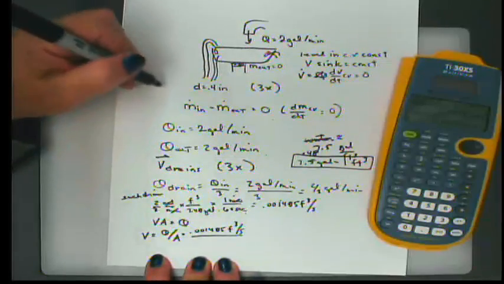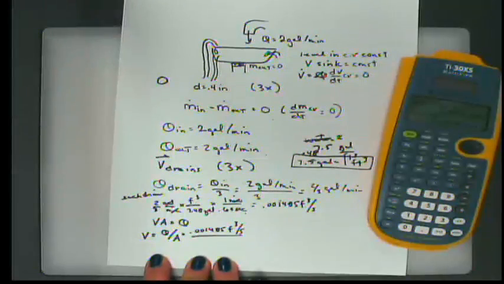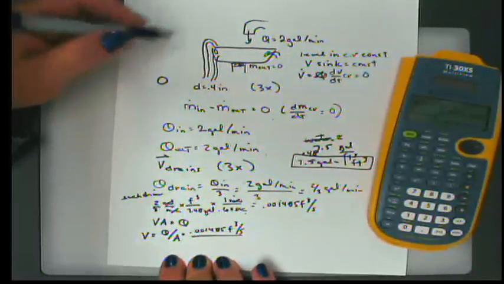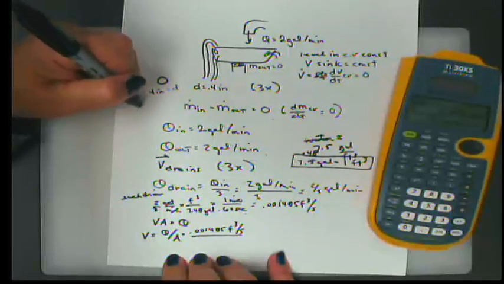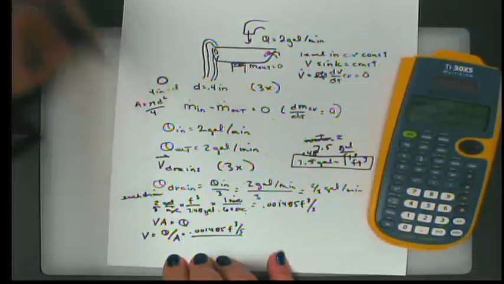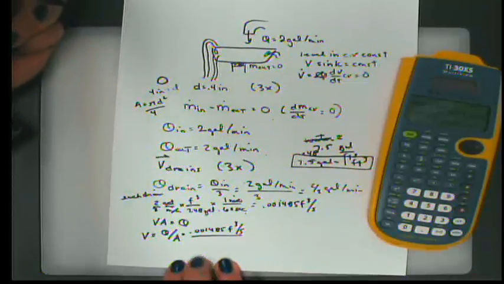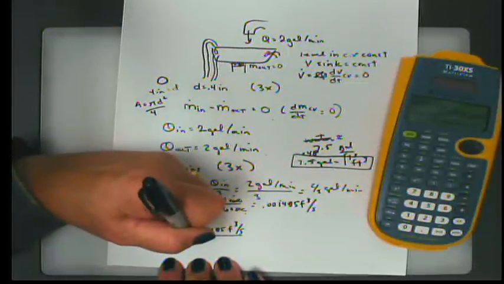And we know that these tubes are basically circular, so 0.4 inches as a diameter. We know that the area is pi d squared over 4 for a circle. So assuming that it's a circle, we can put this over the area.